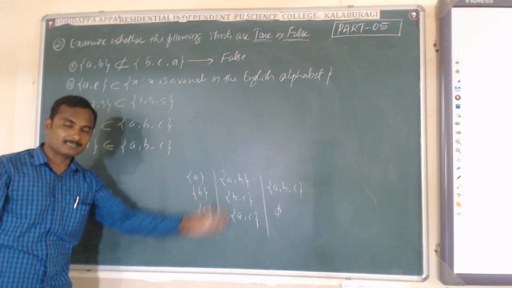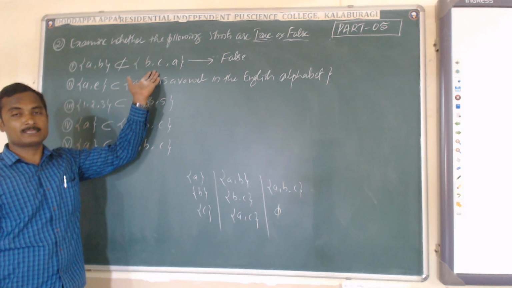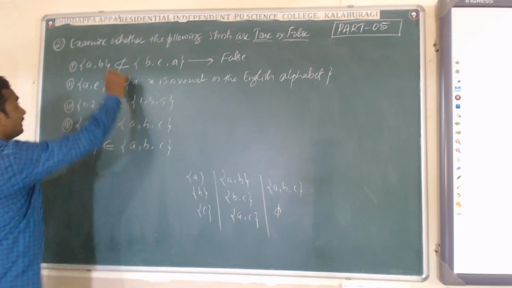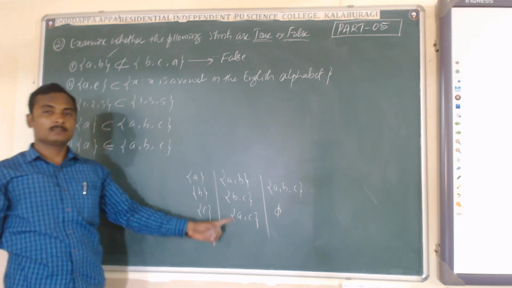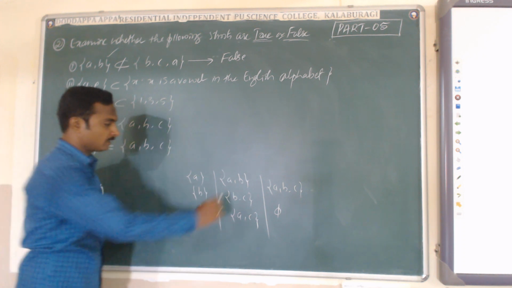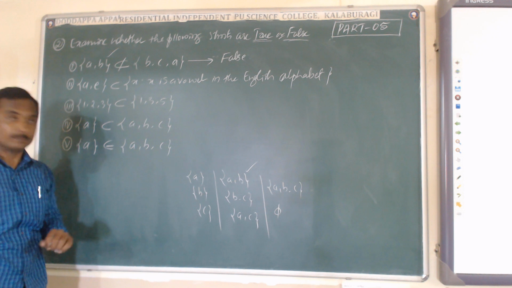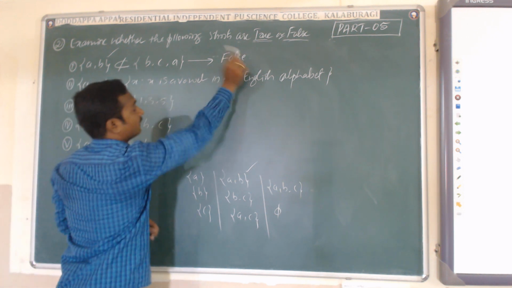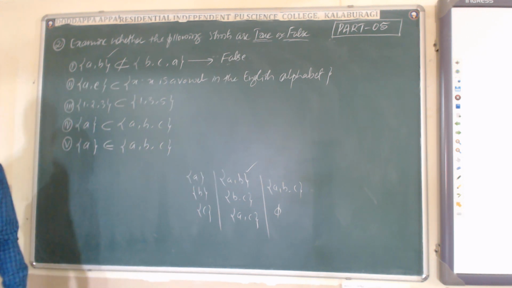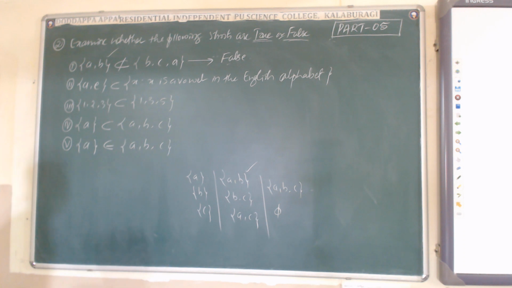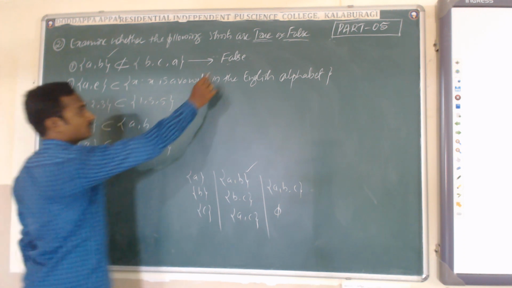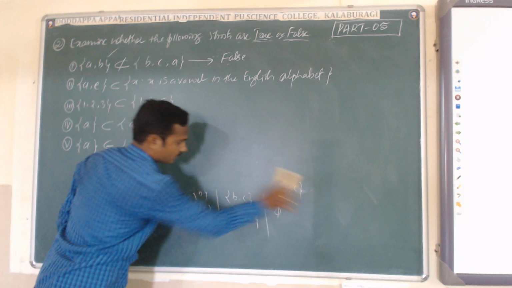So these are all the subsets of the given set BCA. Now check whether this element is present in this group or not. Yes, definitely {A, B} is a subset of the set BCA. It means what he has given is false. So your answer is false.